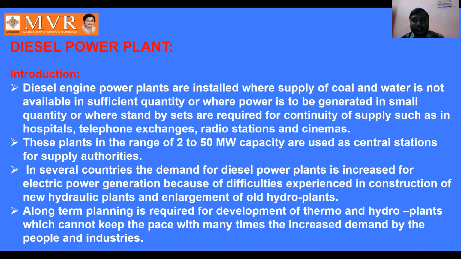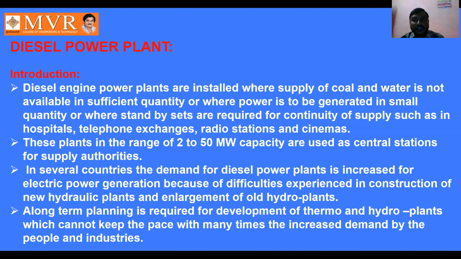See here, this plant ranges from 2 to 50 megawatt capacity and is used as central stations for supply authorities. This is the range of the diesel engines, 2 to 50 megawatt capacity. In several countries, the use of diesel power plants has increased for electric power generation.